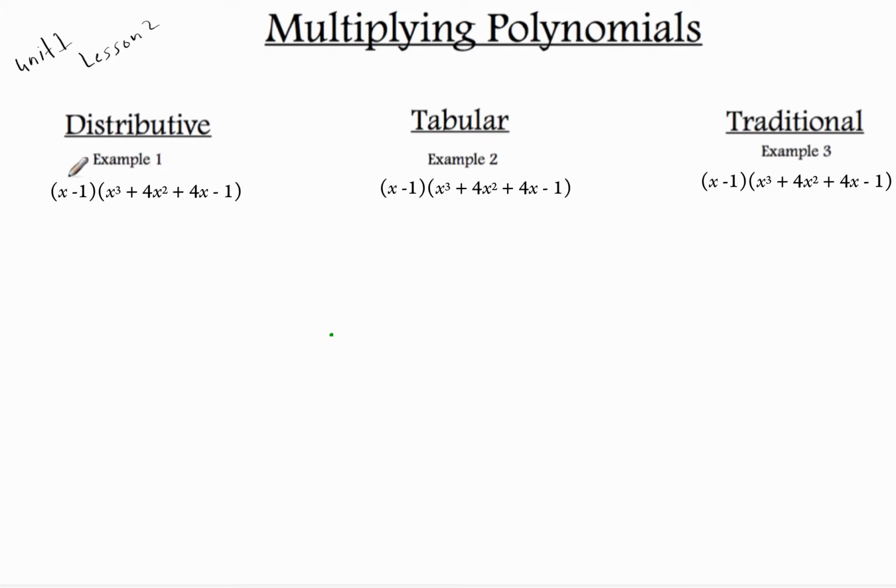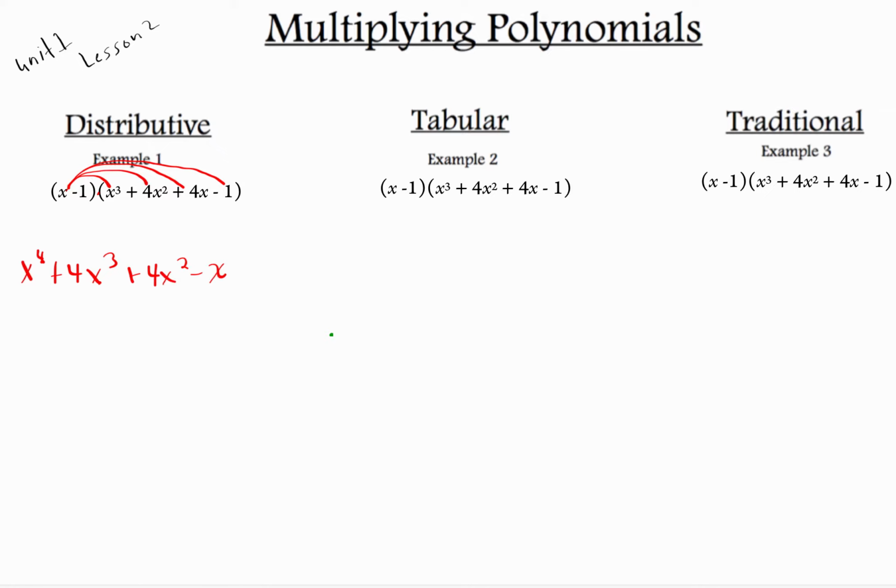So in other words, we want to realize that we are distributing 2 terms to this quadnomial. So the first term we're going to distribute is x, and everybody in the second polynomial gets multiplied by an x. So that is going to become x to the 4th plus 4x cubed plus 4x squared minus x.